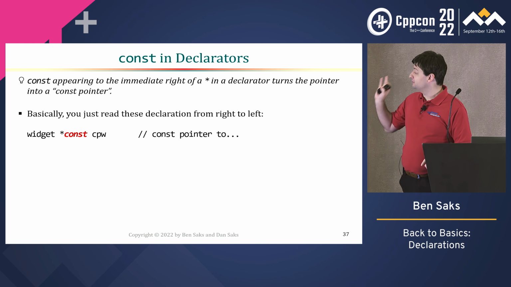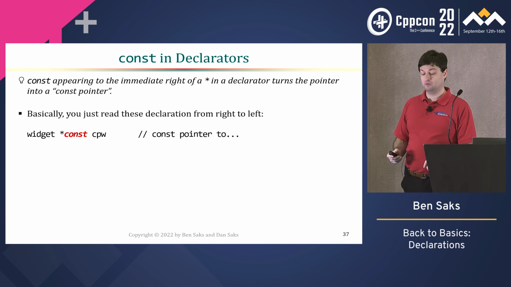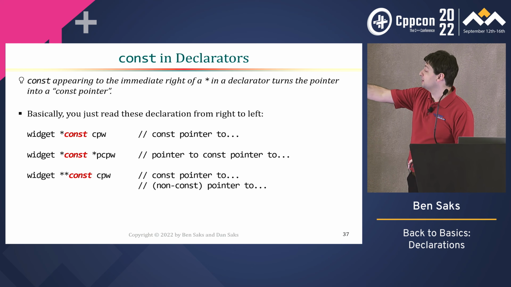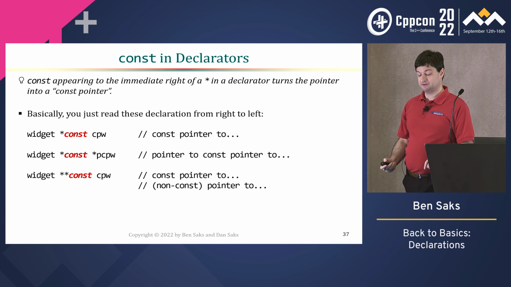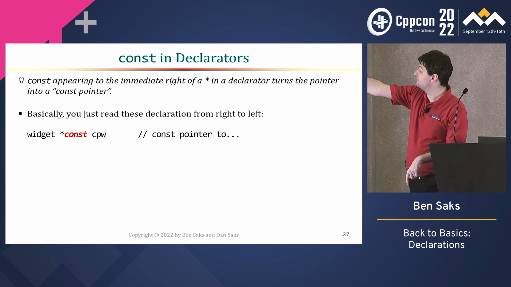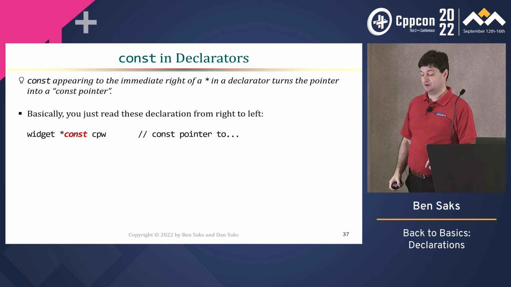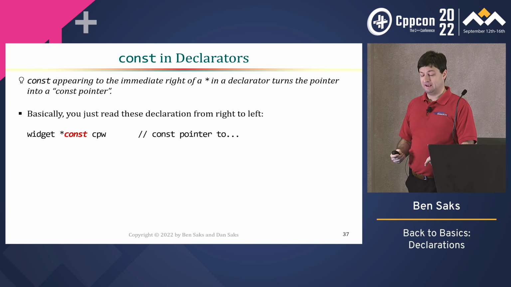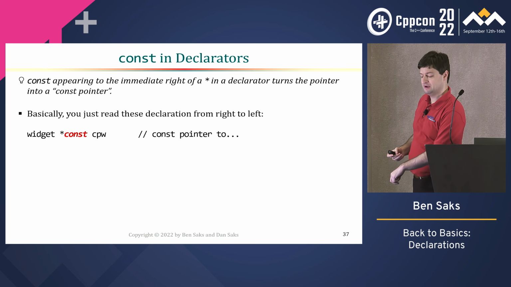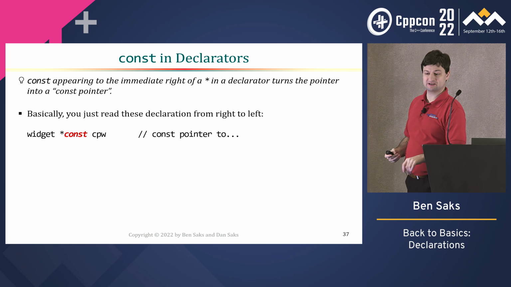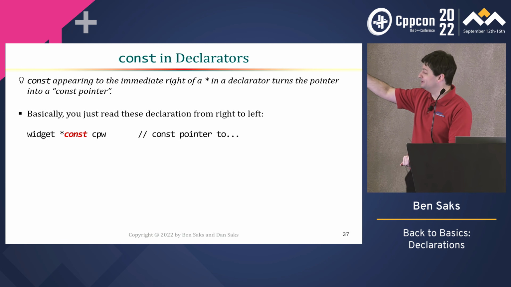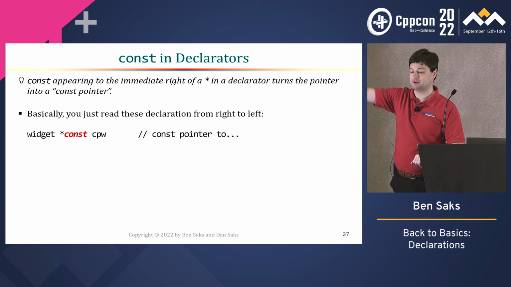And I think that there's only one real way to write this pointer. I can't reorder any part of that. And pointers are kind of unusual, along with references, in that you can think of them as reading from right to left. cpw is a constant pointer to a widget.